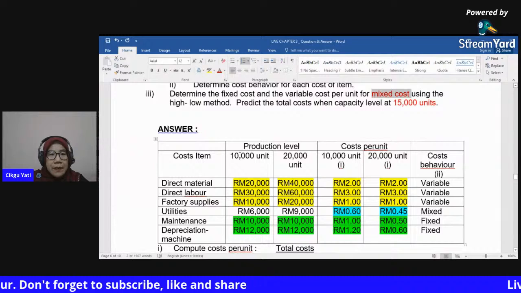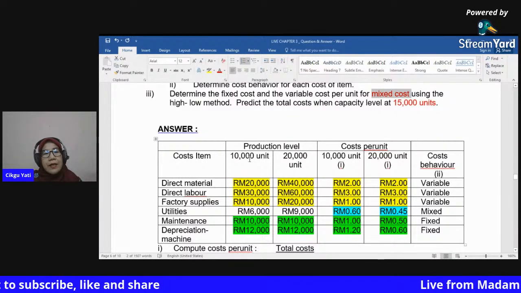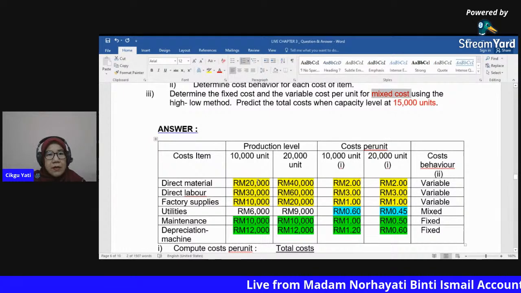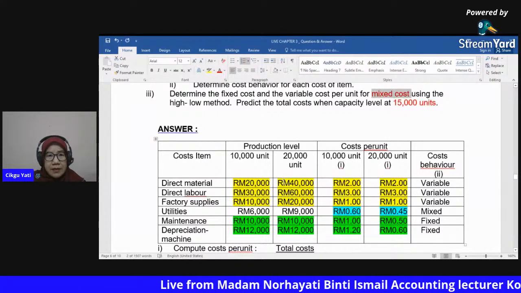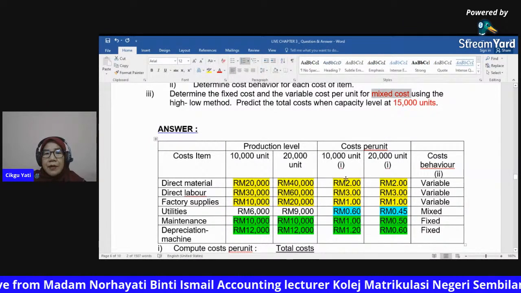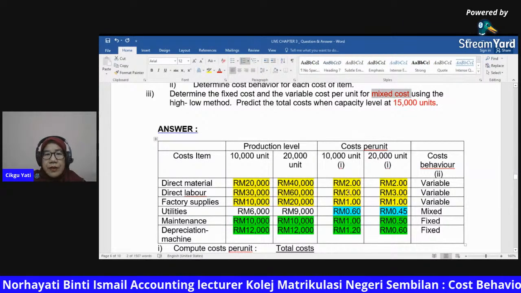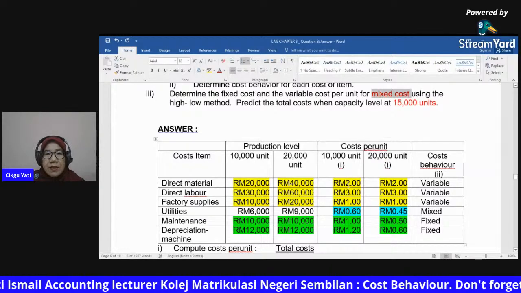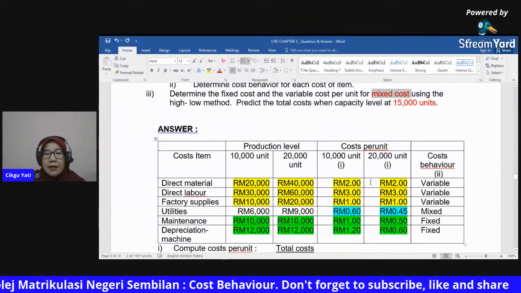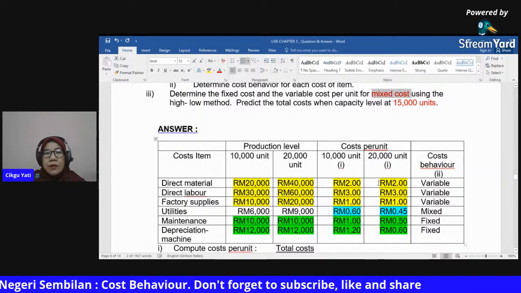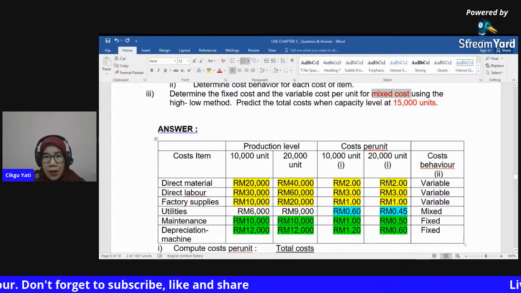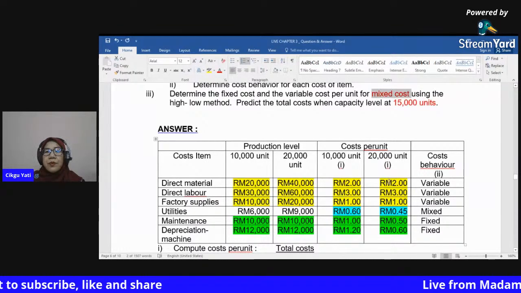When the level of output increases, the cost also increases. So maybe that one is variable or mixed. But you look at the cost per unit, it is constant. Number one, 2 ringgit, and the second one also 2 ringgit. For 10,000 units, 2 ringgit; 20,000 units, also 2 ringgit.